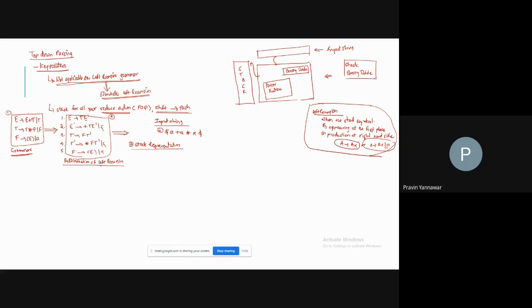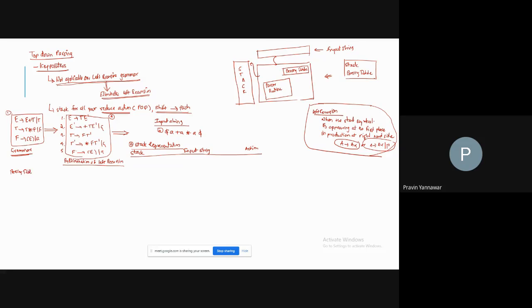So this is going to be the same for this also. You have got the stack, the input string and the action. At the same time we will try to prepare a parsing table also.